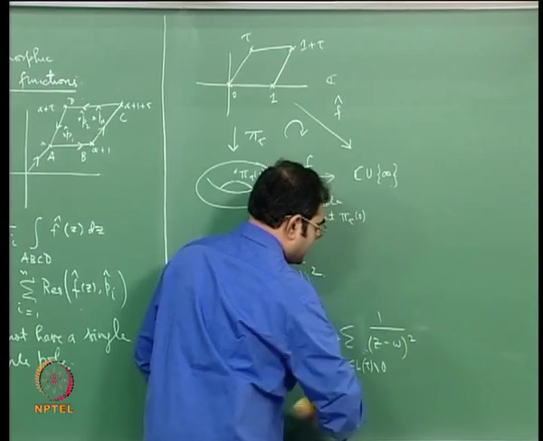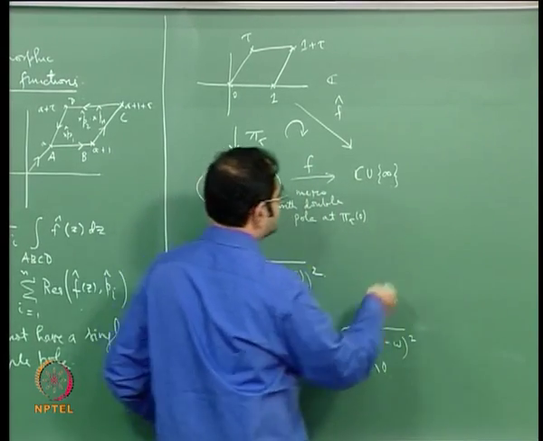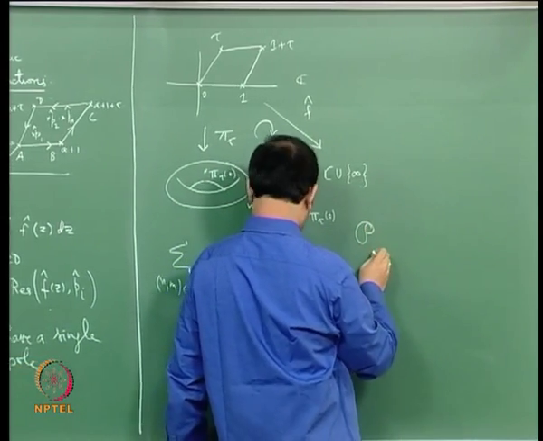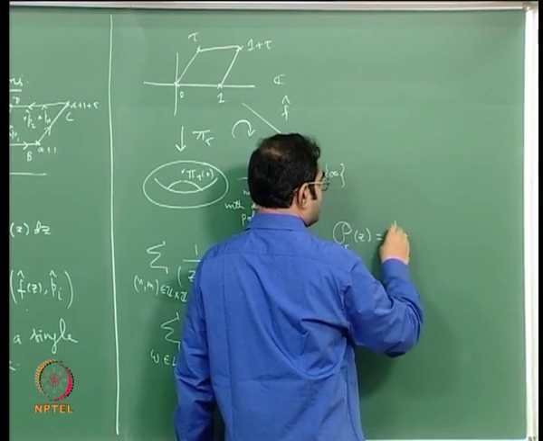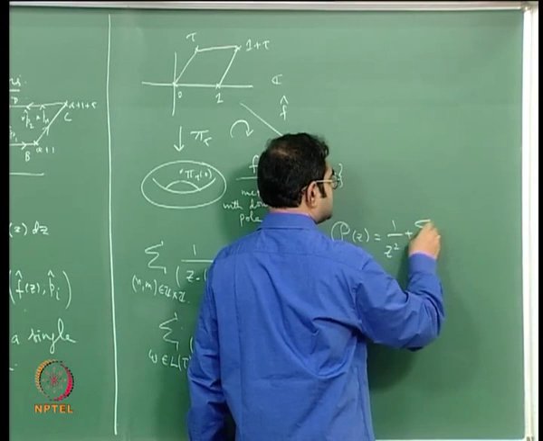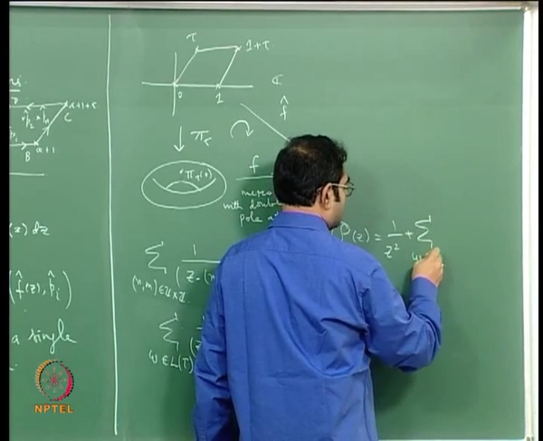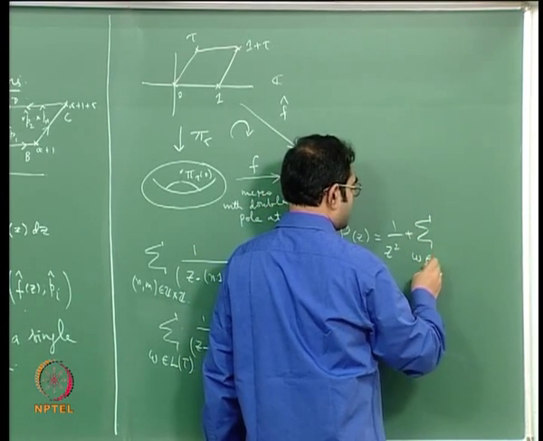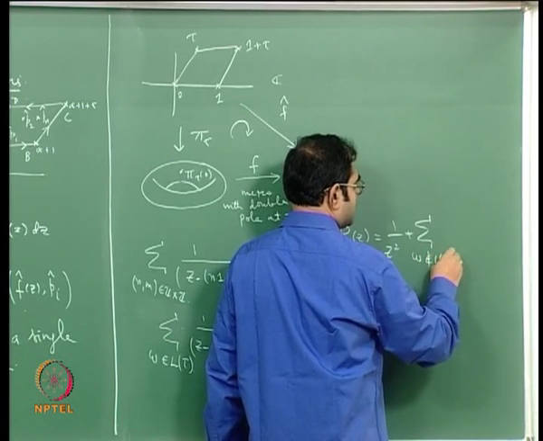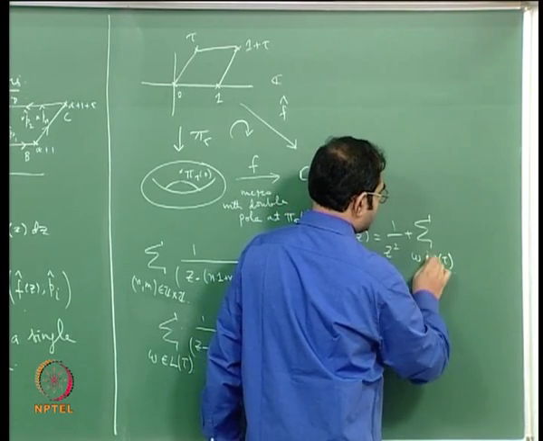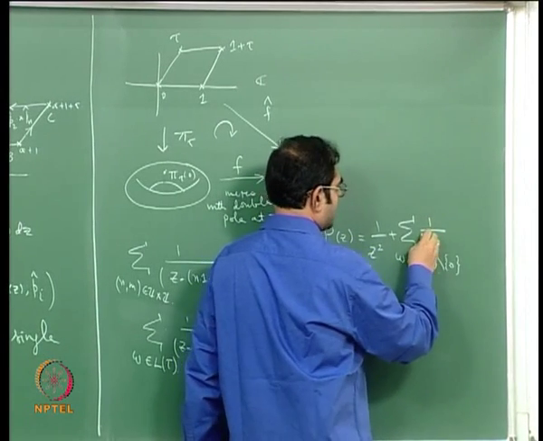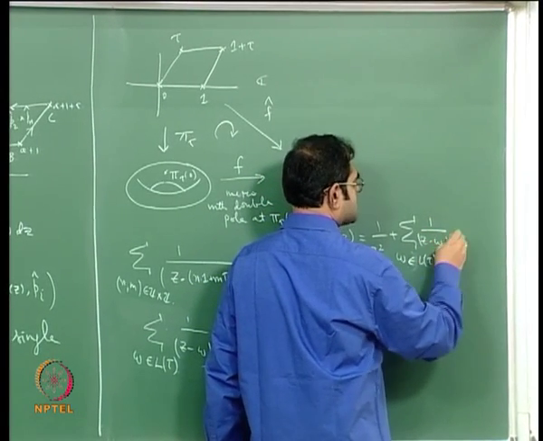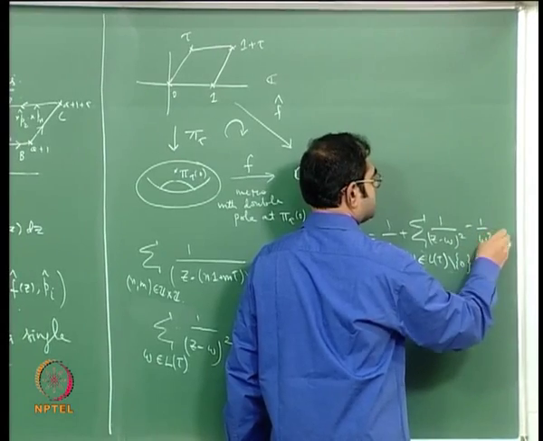So this is exactly due to Weierstrass. So you have the Weierstrass phi function, phi tau of z, is 1 by z squared plus sigma over omega, a non-zero element of the lattice L tau minus 0, of 1 by z minus omega the whole squared minus 1 by omega squared.